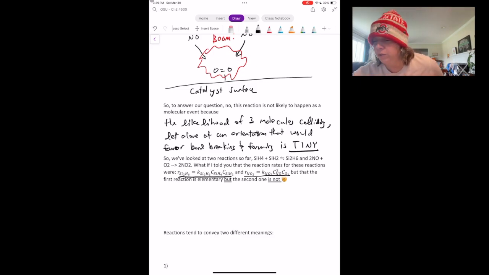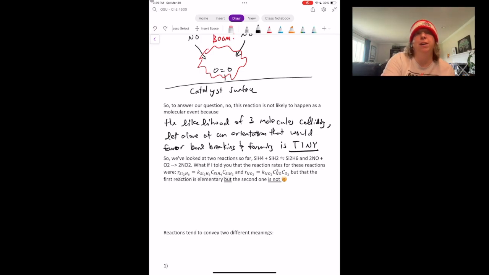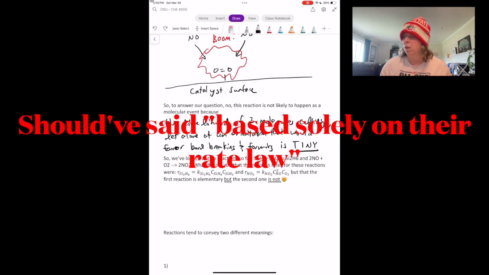So what if I told you those 2 things, and I said that the first reaction is elementary, but the second one is not? Okay, so mark this as, times my teacher lied to me. I'm not lying to you now, but I was hiding the truth earlier when we would classify reactions as elementary based solely on their reaction rate. And I'll get to why in just a second.